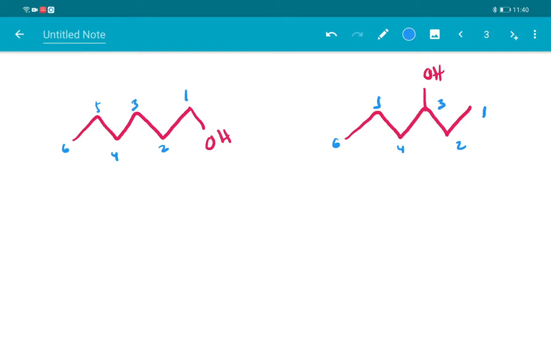So for example, there are 6 carbons. The name for 6 carbons is hexane. But since we have the functional group of OH here, the E will change into OL.